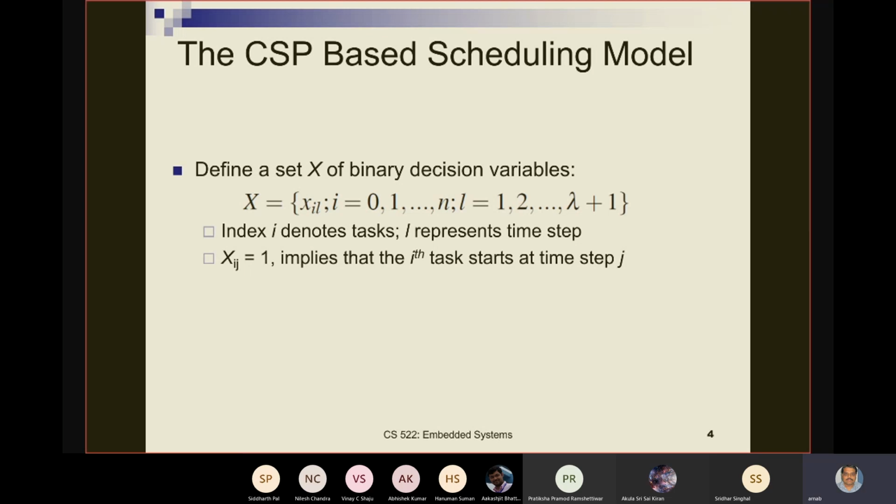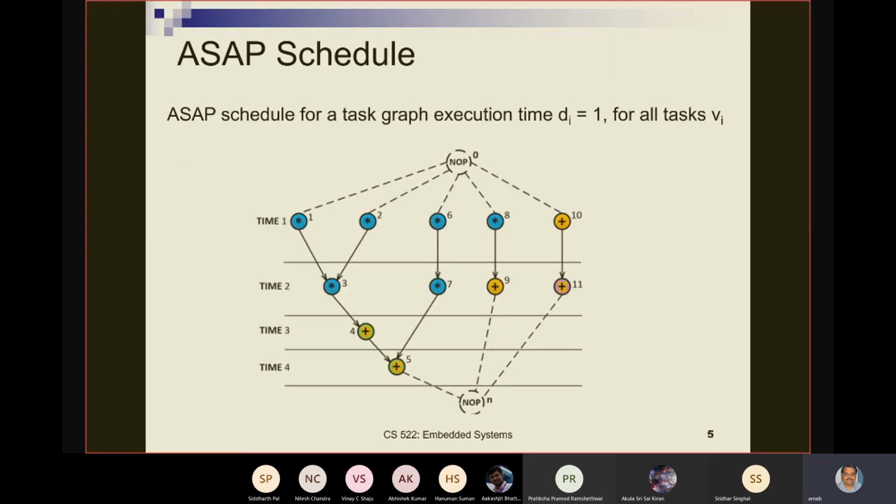If X12 equals 1, that means task 1 will start its execution at time step 2. If X12 equals 0, then task 1 will not start at time step 2. Okay, so this also we did. We generated what the ASAP schedule is.